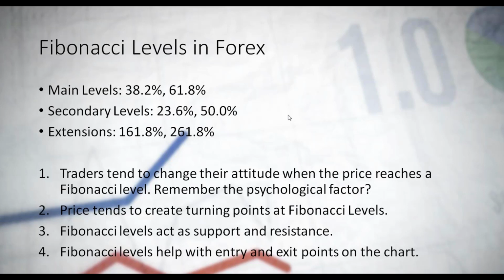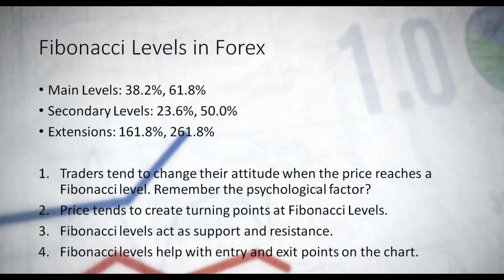So when we mention these percentages, we're actually referring to, for example, a trend in Forex trading. When you measure a trend line, these ratios should be applied as part of this trend that is taken as a base. And this brings us to the first point of this slide, that traders tend to change their attitude when the price reaches a certain Fibonacci level.